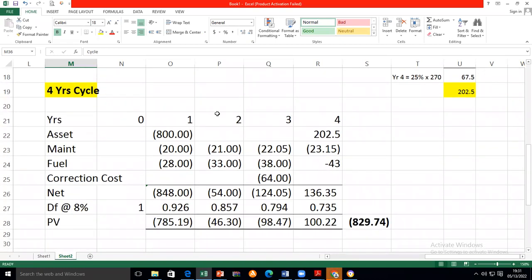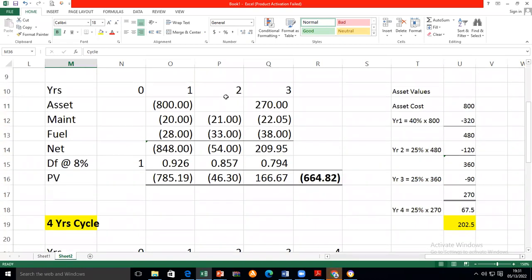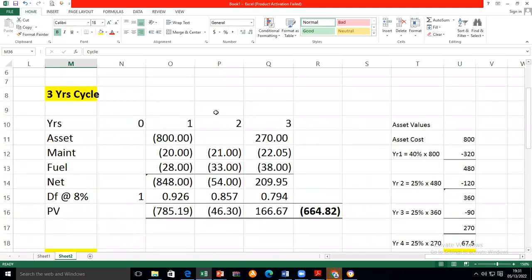Why are discounted cash flow methods better? How many discounted cash flow methods do we have? Internal rate of return and NPV. Why are they better? They take into account what? Time value of money. Secondly, do they leave any year out like payback? No. They consider all the years.